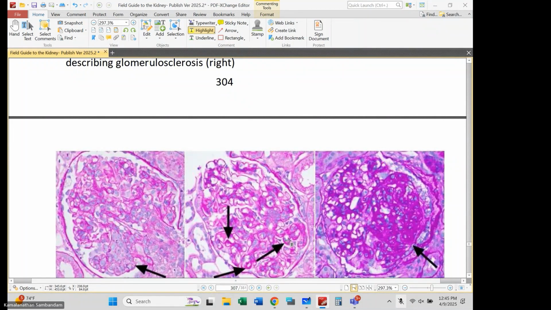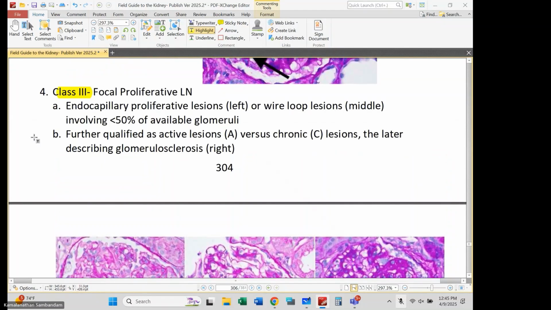So let me clarify that real quickly, and then I'll come back to it rather briefly. If I have no active lesions, I just have focal scars or segmental scars that are present in less than 50% of the glomeruli, but I see no endocapillary hypercellularity, the renal pathologist will call that a class 3 still, even though there's no active lesions there.